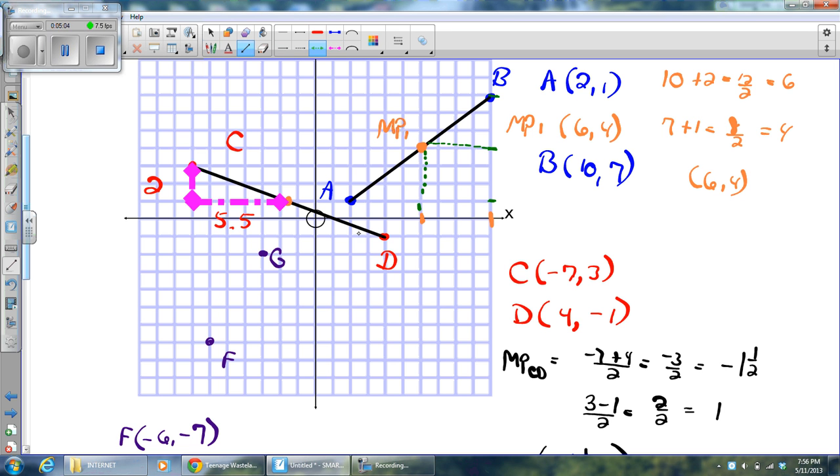So let me do that one. It looks like I'm going to go down 1, 2, and then over a half, 1, 2, 3, 4, 5. So I go down 2 and over 5.5. And so the triangles that I drew there are exactly congruent, and therefore I can assume that their hypotenuses are congruent. And so therefore this point here must in fact be the midpoint.